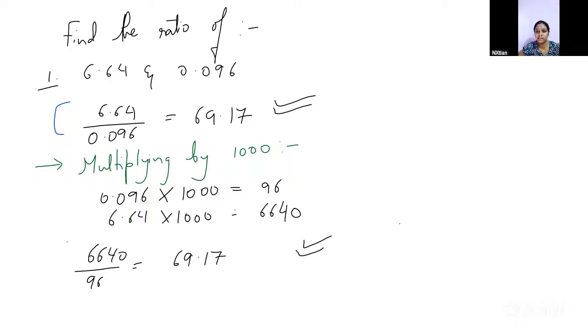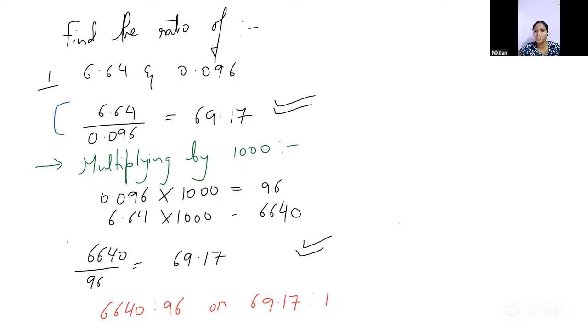You can write it either as 6640 is to 96 or 69.17 is to 1. Okay, this is one way.